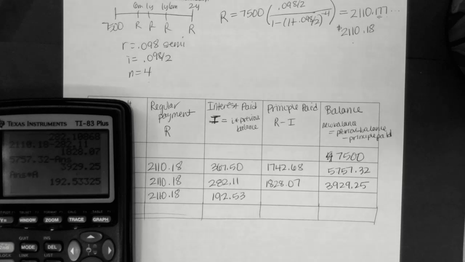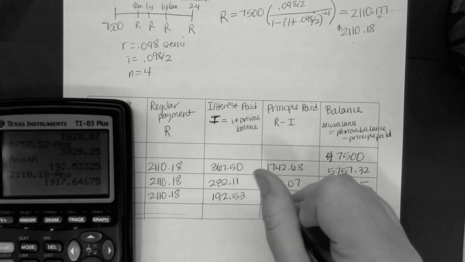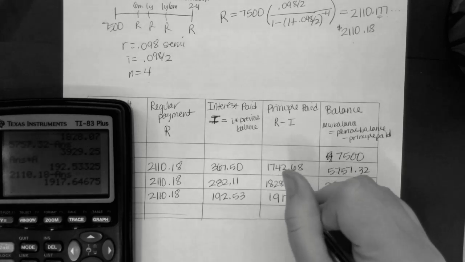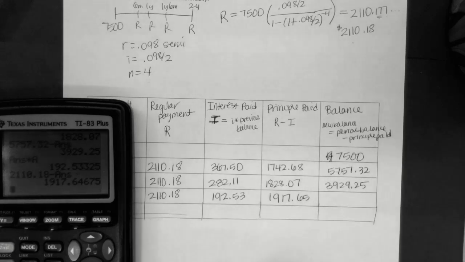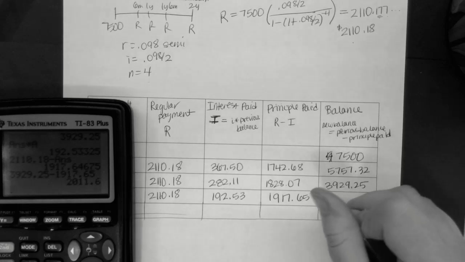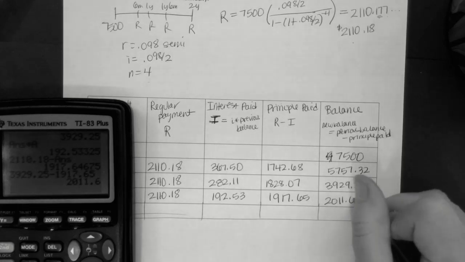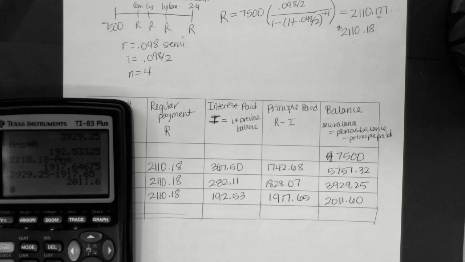And then our principal paid is going to be our R minus this answer. So $1,917.65. Okay, and then we're going to take $3,929.25 and subtract off $1,917.65. So we get $2,011.60. Now this last line is going to work differently and we're going to work it backwards.